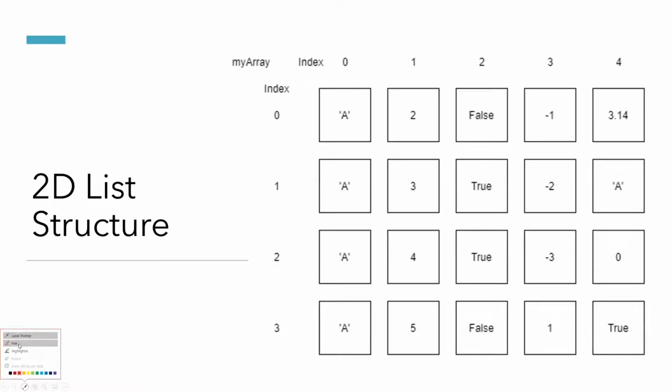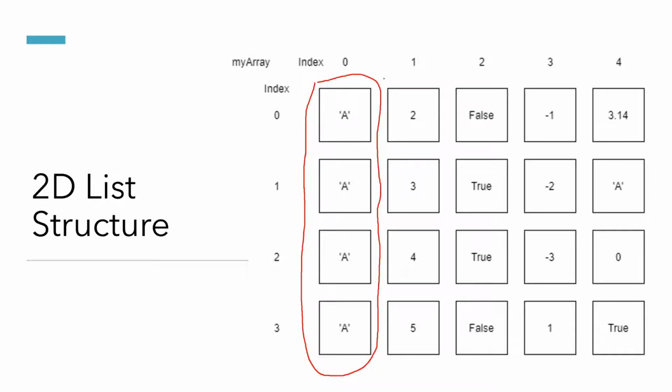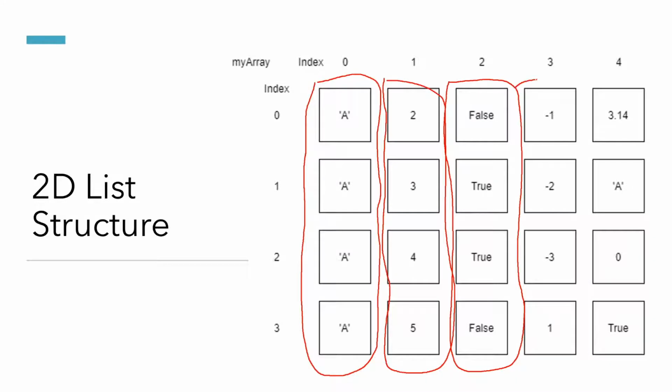Let me start circling stuff. This whole thing is our index 0, this whole thing is our index 1, this whole thing is our index 2, then this whole thing is our index 3, and this is our index 4.